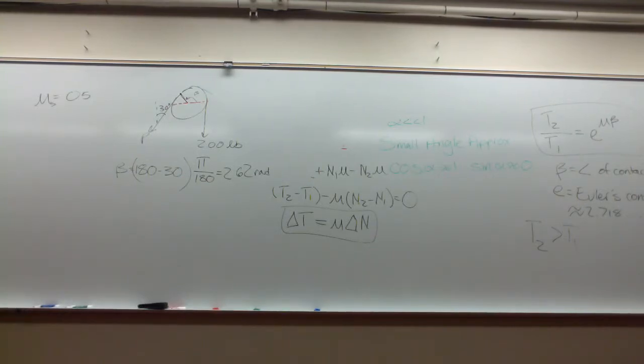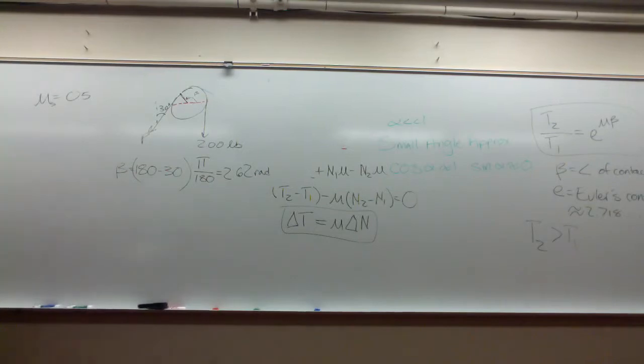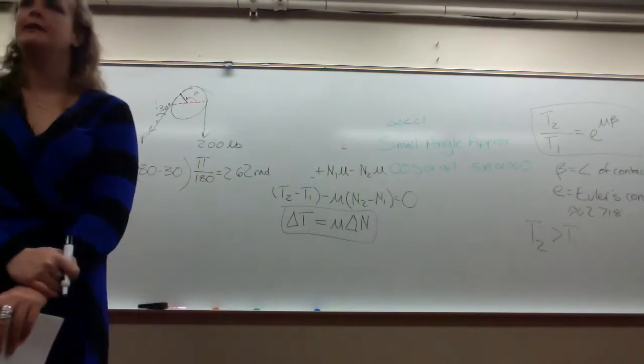Yeah, Aaron? Wouldn't it just be like T over e to the... Let's keep it in, don't do algebra right away. Let's keep it in T2 over T1. Yeah, Keenan? Because you already know 200, could you just put it in? Let me rephrase: is 200 in this case T2 or T1?